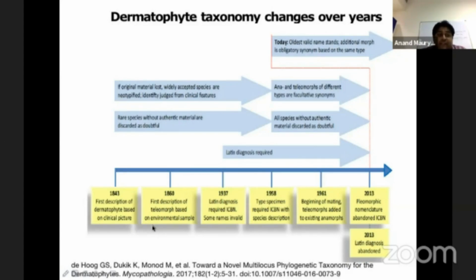In the overview of the changing taxonomy during the period of 1840 to 2015, you can see no original material has been preserved, and it was rarely discarded as being doubtful. The widespread use of the name as the neotype and the Latin diagnosis were required between 1937 and 2013. In the pleomorphic system, the names were separate, and the formation of the anamorph and teleomorph has been relevant between 1957 and 2013.